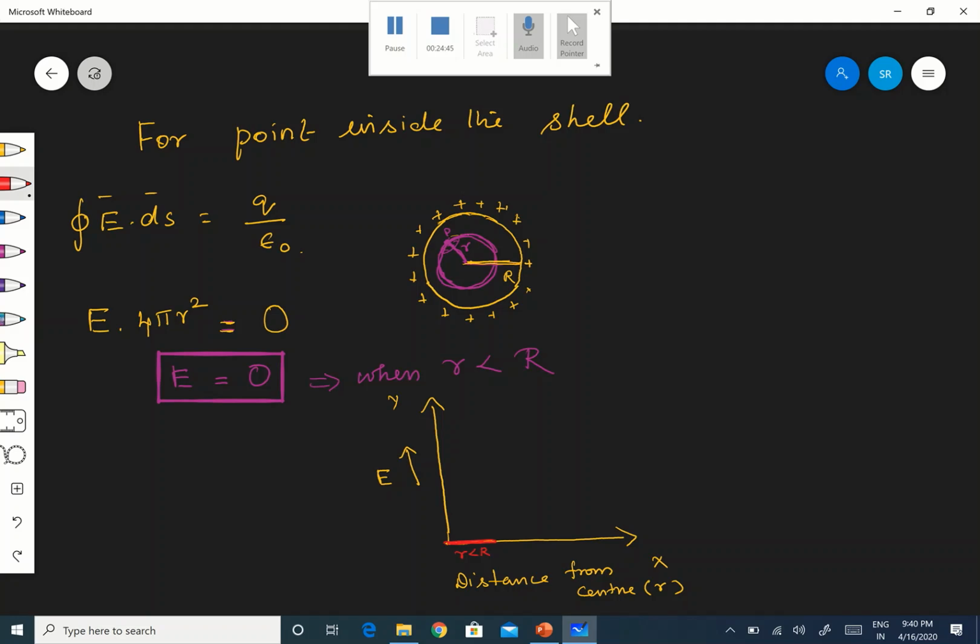This continues up to this point, which is nothing but r equal to R.